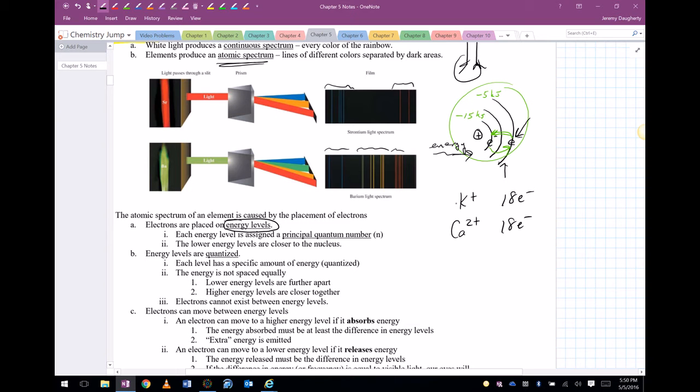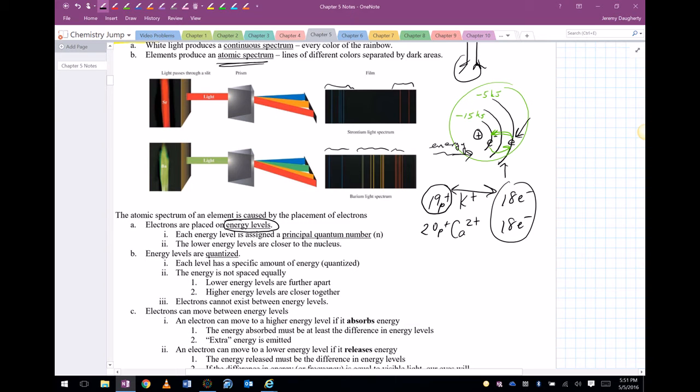But they give off different wavelengths of light. Same number of electrons, different wavelengths of light. So what is it that determines that wavelength of light? Well, potassium has 19 protons, calcium has 20 protons. These 19 protons exert a certain force of attraction for these electrons.